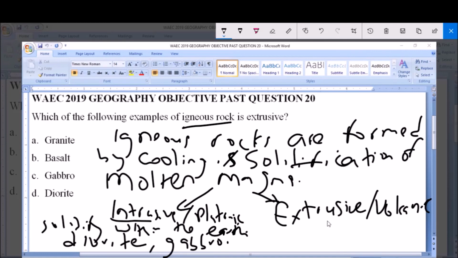And then extrusive rocks are the ones that are formed when magma is ejected from the Earth's crust. So when magma reaches the Earth's surface and then cools, extrusive igneous rocks are formed. A strong example is basalt.